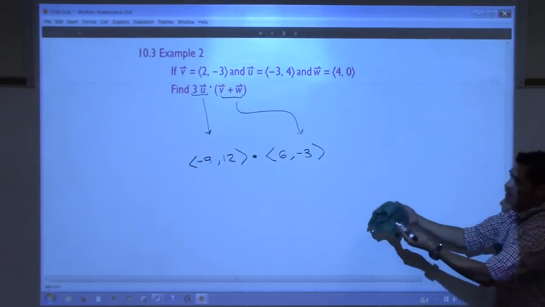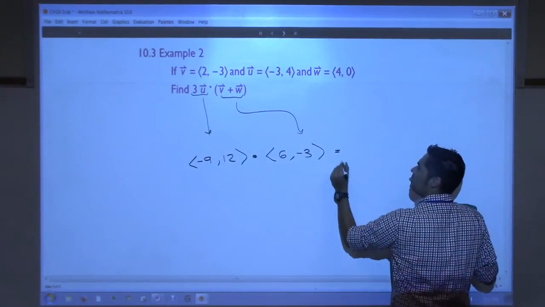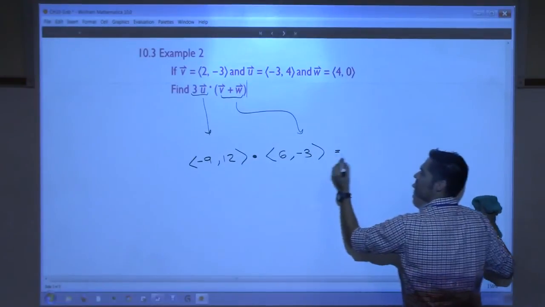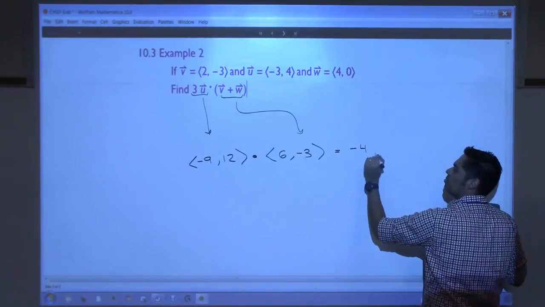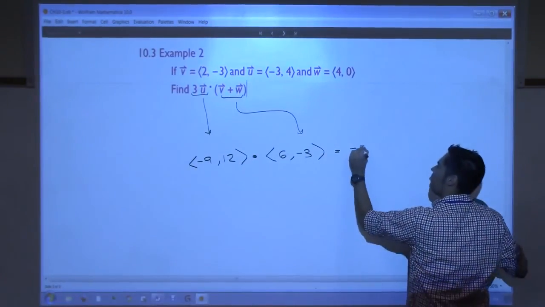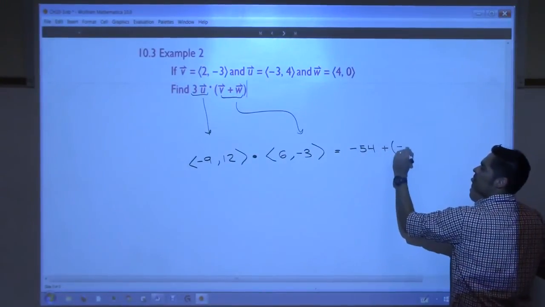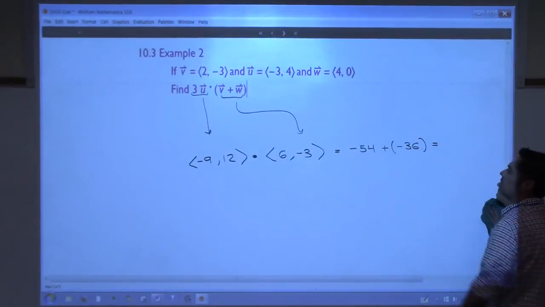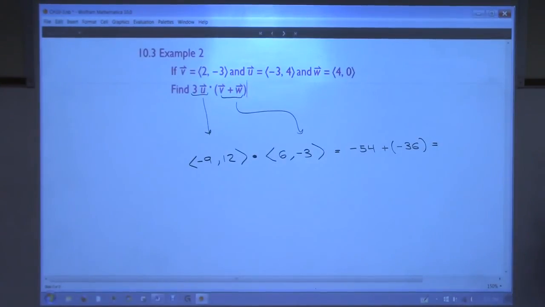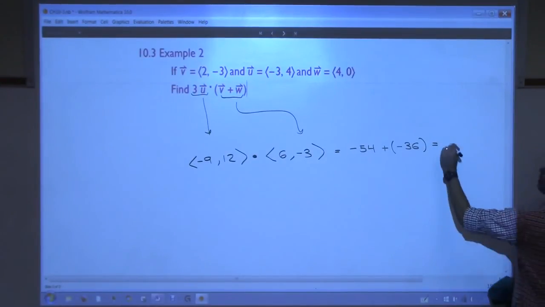All right, so then dot these. What do you get when you dot these? So -9 times 6, -54, and then plus 12 times -3, which is -36, and you get -90. Okay?